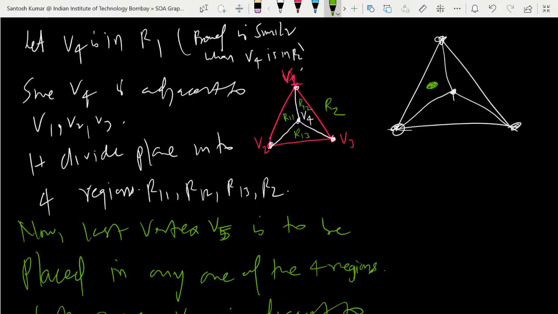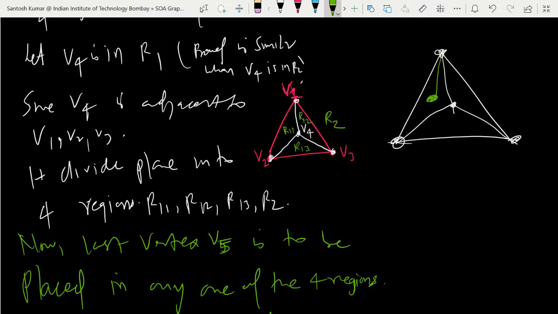Okay, so now you join. See, V1 joins to V5, V2 joins to V5, V4 joins to V5. The problem is how will you join this V5 to this V3? So V1, V2, V3, V4, and this is V5. So you join V5 with V1, V2, V4. Now how will you join V5 with V3?